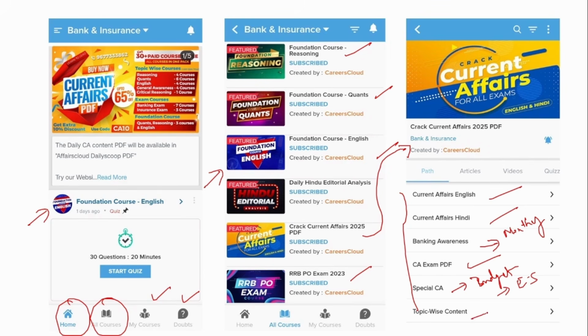And this is topic wise content, where news related to a specific topic will be combined together and provided to you. For example, see appointments. All the appointments in that particular month will be combined together in a specific place. And similarly in case of banking, economic news, all will be combined together. So this will be easy for you to relate the news to each other.